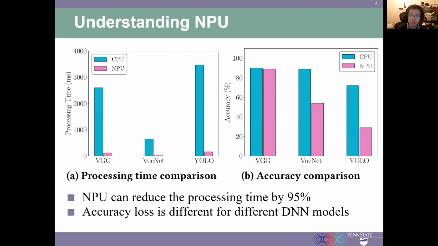However, when it comes to the accuracy, as shown in the right figure, we can see that the accuracy is different for different DNN models. For example, running VGG on NPU can achieve almost the same accuracy as running on CPU. However, 30% of the accuracy loss can be observed in the YOLO and the VocalNet model.